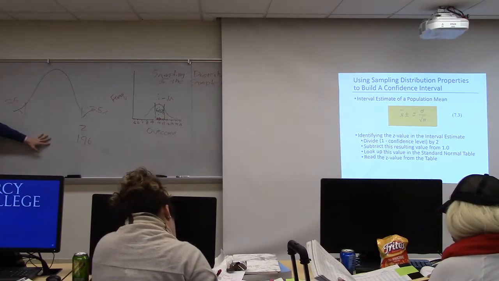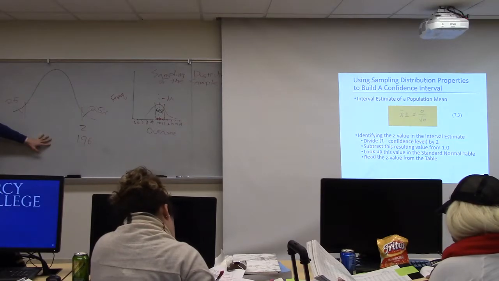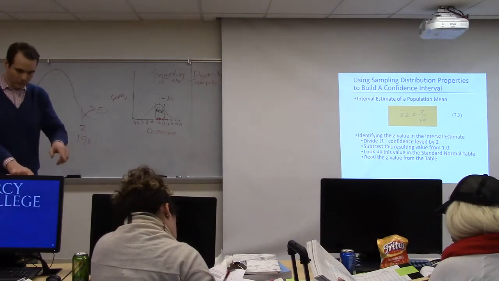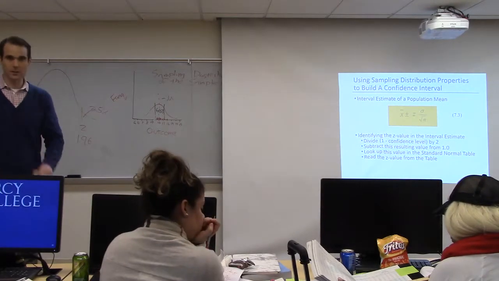You look in the center of the Z table for 0.975. You put your finger on that and you say, what is the Z value here? 1.96.